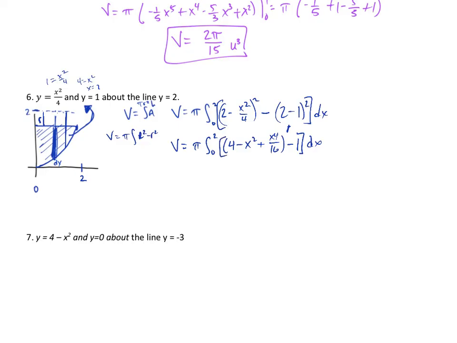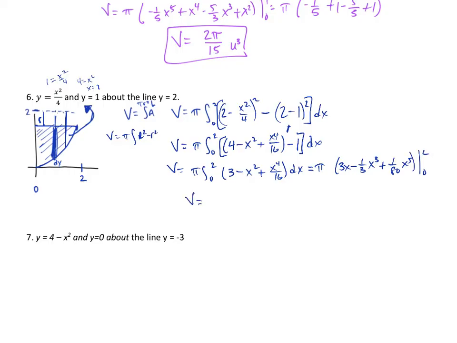Okay, so the volume will be pi times the integral from 0 to 2 of 3 minus x squared plus x to the 4th over 16 dx, which comes out to be pi times 3x minus 1/3 x cubed plus 1 over 80 x to the 5th on the bounds from 0 to 2.